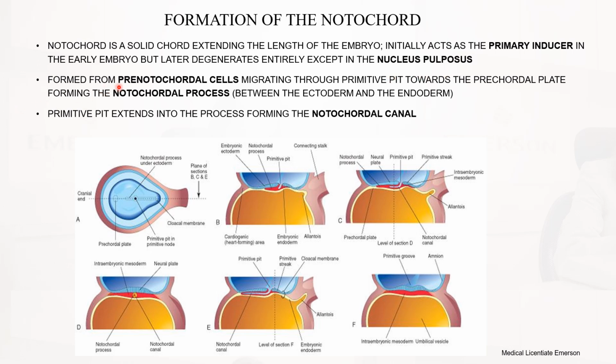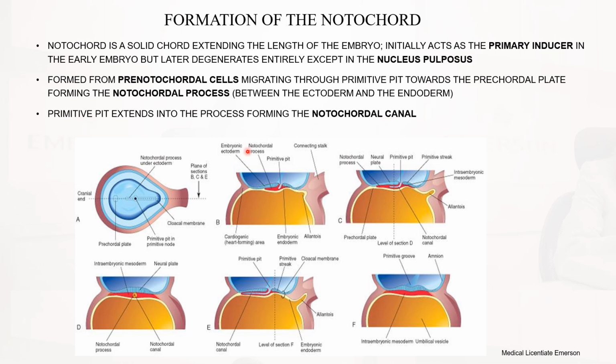This is formed from the prenotochordal cells migrating through the primitive pit towards the precaudal plate, forming the notochordal process, which is just the process between the ectoderm and the endoderm. Then the primitive pit extends into the process, forming the notochordal canal.